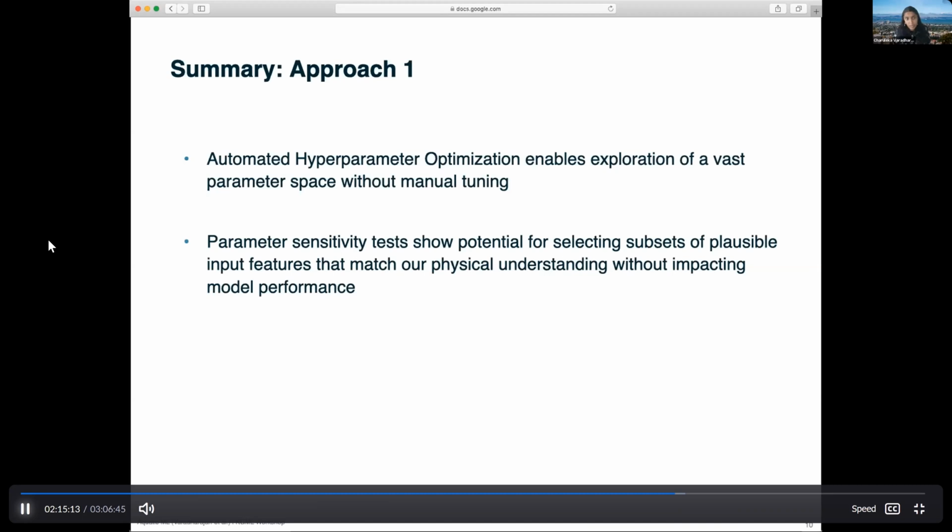And also based on a parameter sensitivity test, it's promising that the obvious hydrological variable choice that we would go after turned out to be the most predictive, but it's also interesting that the choice of variables that gives the best performance varies by location, which is what we would intuitively expect based on our knowledge of hydrology. So this indicates that there's potential for not using all the data that's available and throwing it at the model, but being clever about how we select some input features based on some hydrological understanding of the system.